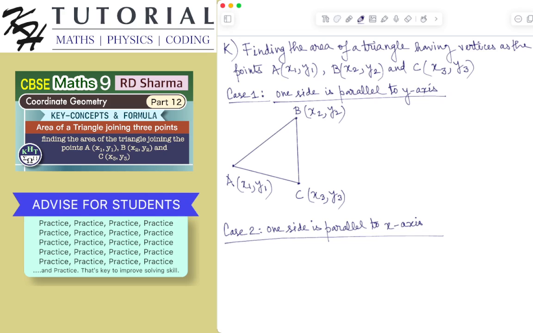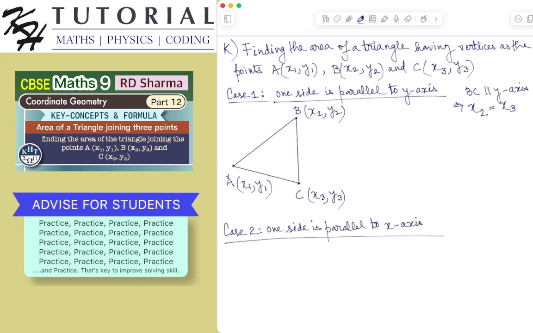In case 1, I am considering the line segment BC to be parallel to the y-axis. So if the line segment BC is parallel to the y-axis, then obviously the abscissa of the points B and C will be equal. So x2 will be equal to x3. Then I can find the length of the side BC.